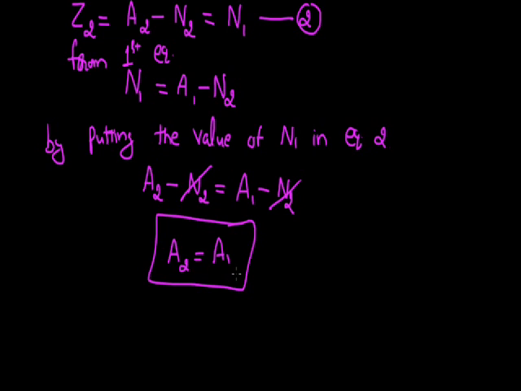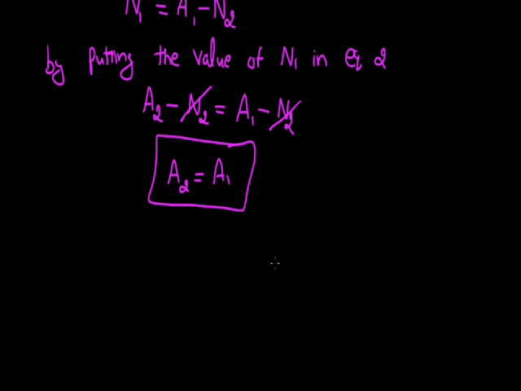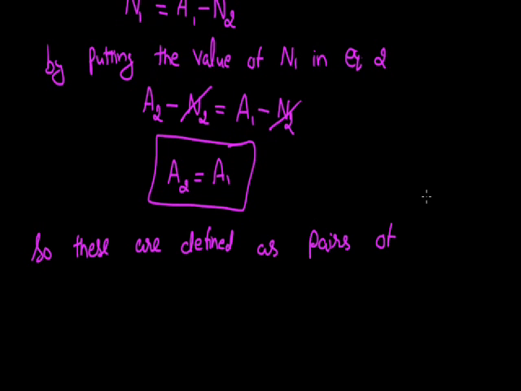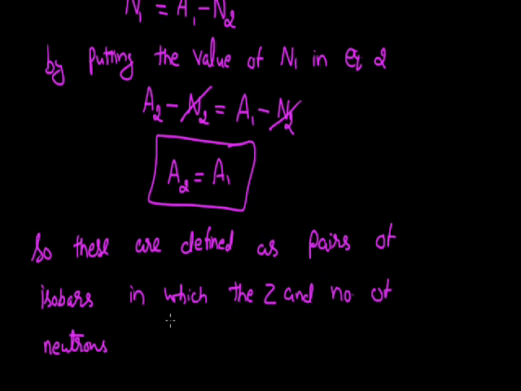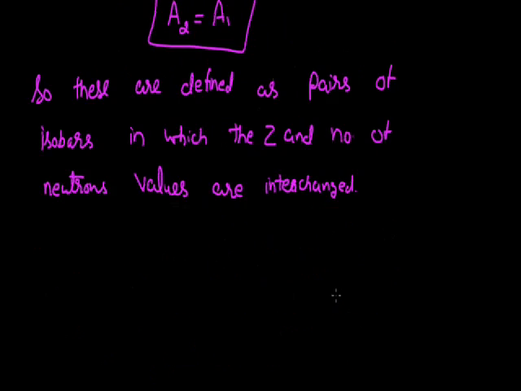So these can be defined as a pair of isobars in which the atomic number and the number of neutrons values are interchanged. So that is about the definition of these mirror nuclei.